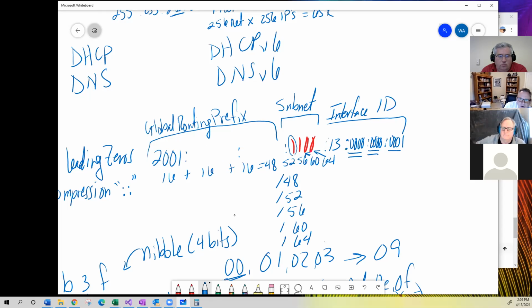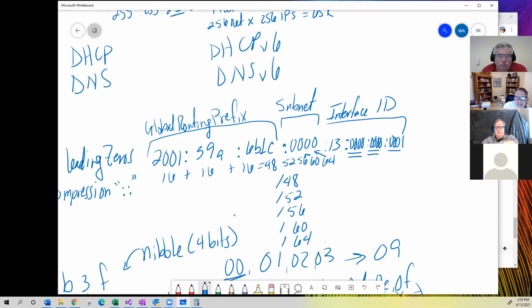So Peter requests an IP version 6 subnet, and he gets 2001, 39A, 6B1C, and then 0, 0, 0, 0. That's what he gets.